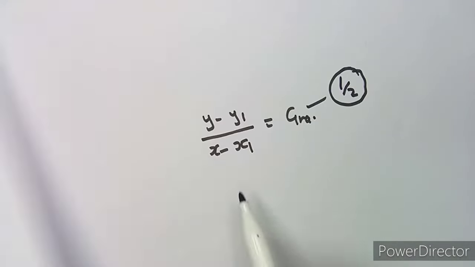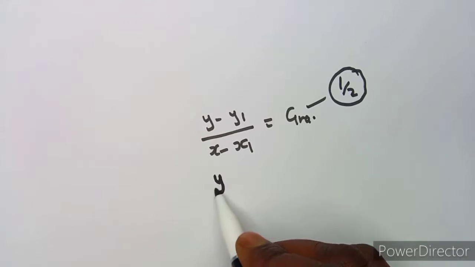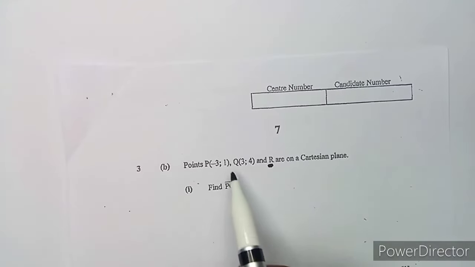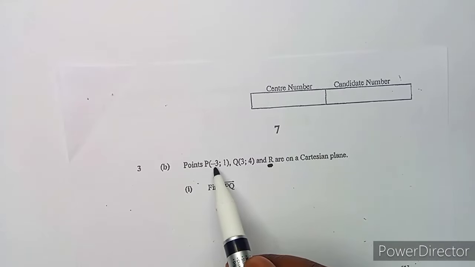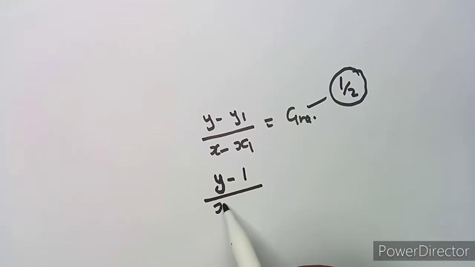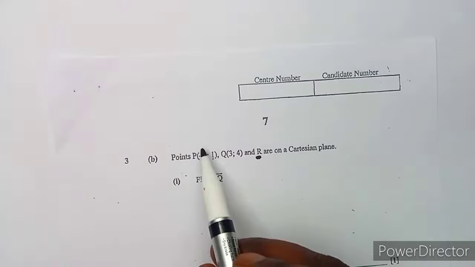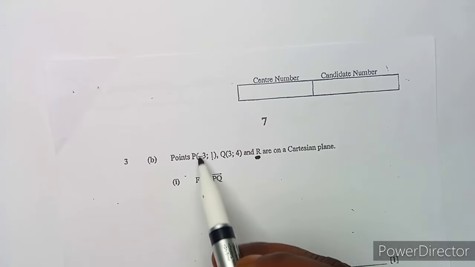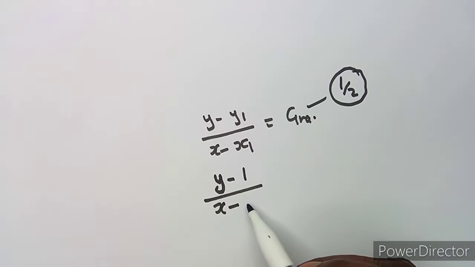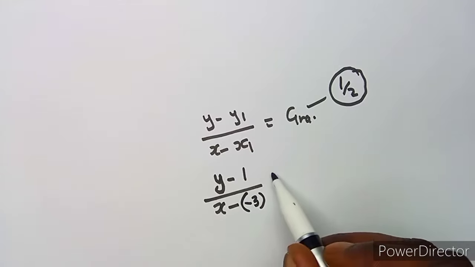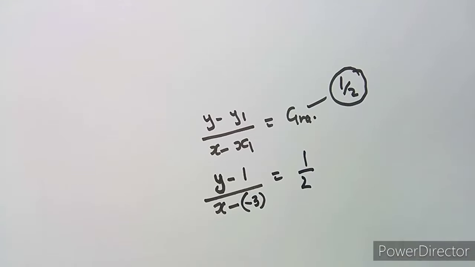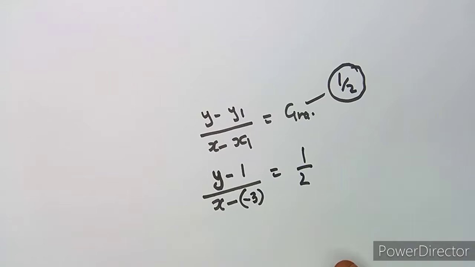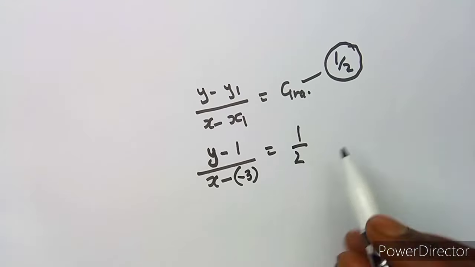I'm going to choose the first point, so y - y1, where y1 in this case is 1, over x - x1, where x1 is -3, which is equal to the gradient, remember, 1 over 2. So you must obtain the same answer there. All right, so what are we going to have?